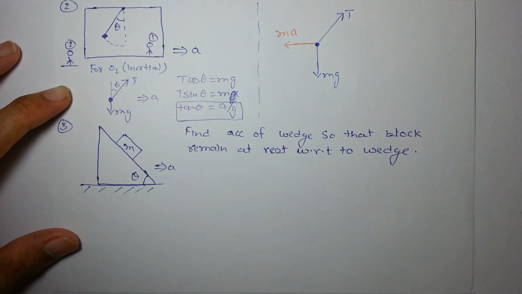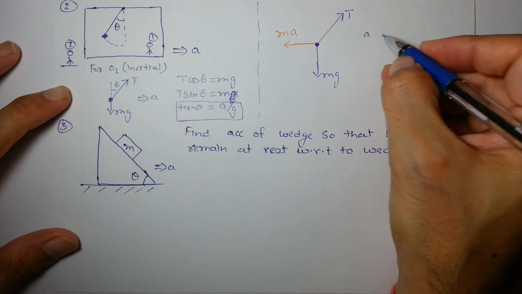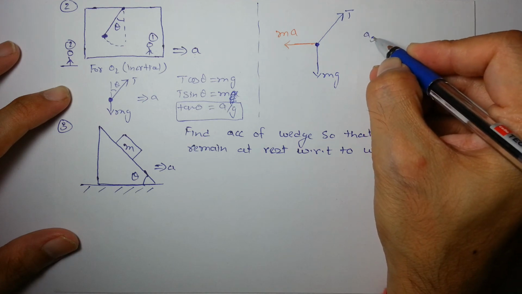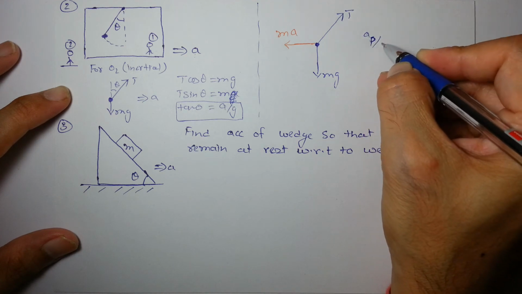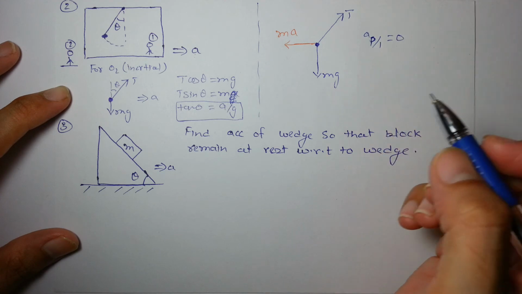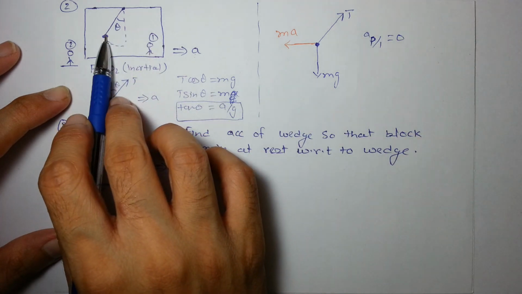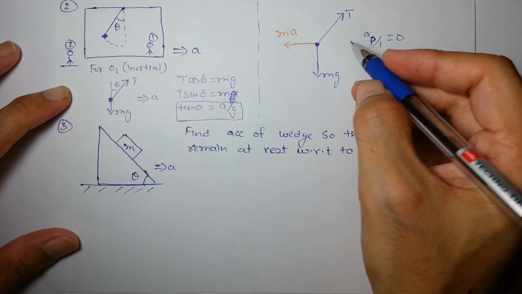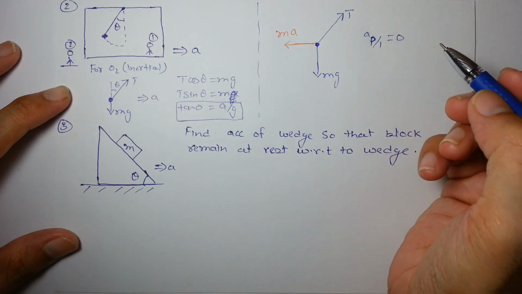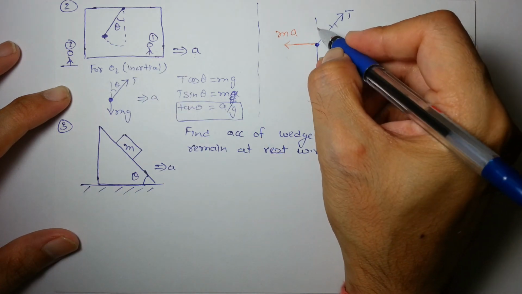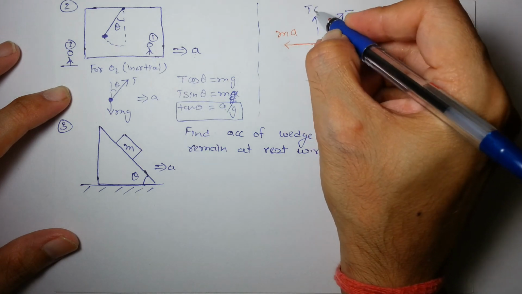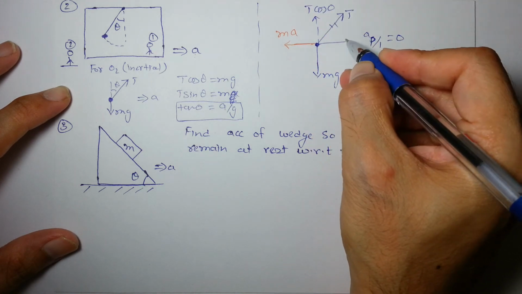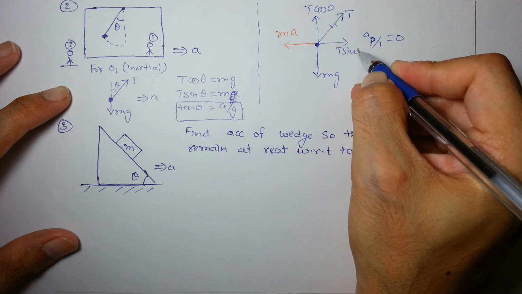And he'll say that the acceleration of the particle with respect to observer 1 is 0, because it is at rest with respect to observer 1. So he'll say that these forces are in equilibrium, and he'll resolve this as T cos theta and this as T sin theta.